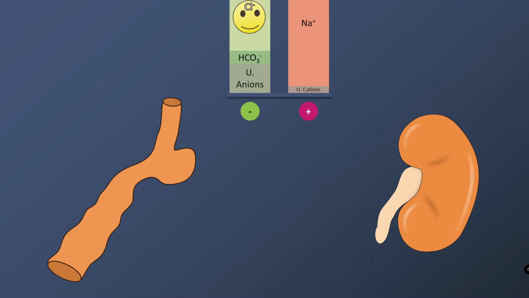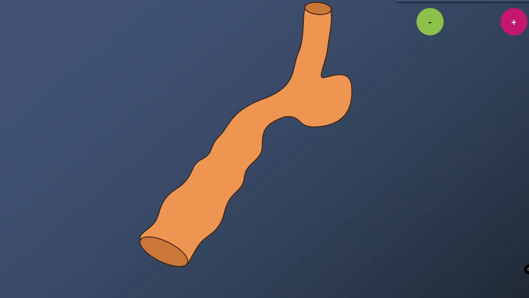Yeah, that's it. So from the GIT, especially the small intestine, on the luminal side it is plastered with a large number of bicarbonate ions. You know why? Yeah, that's right. When the acidic chyme comes from the stomach into the small intestine, it can damage the intestinal lining.